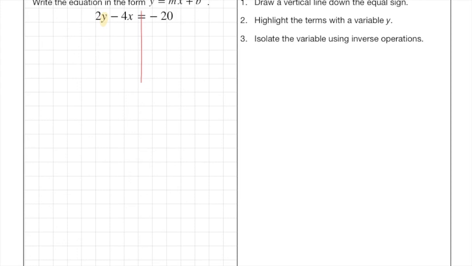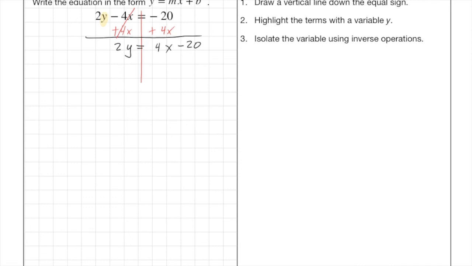If we're subtracting 4x from y, the inverse of that is going to be adding 4x to both sides. When you do that, on the left side, that's going to cancel. So we're only left with 2y. And that's going to be equal to 4x minus 20.